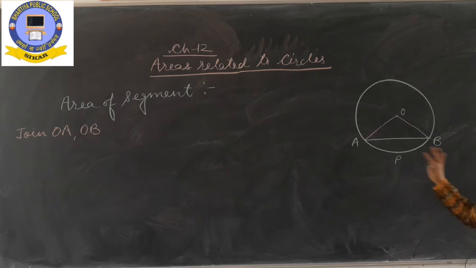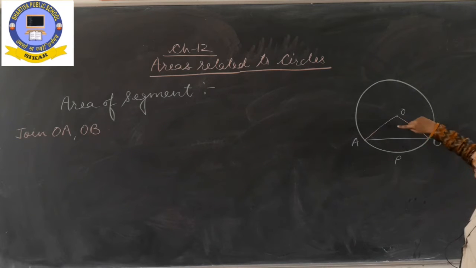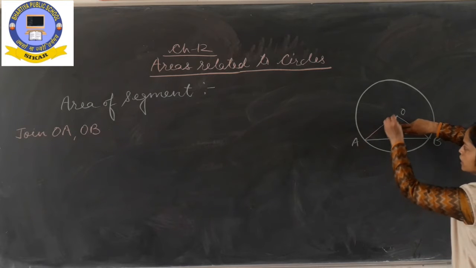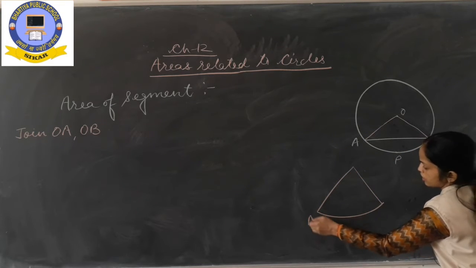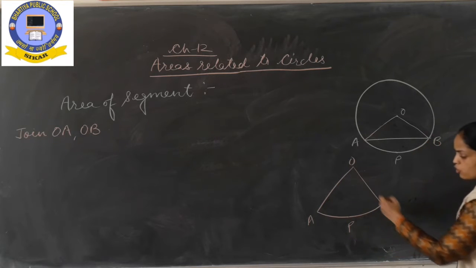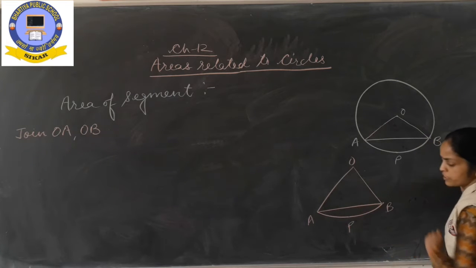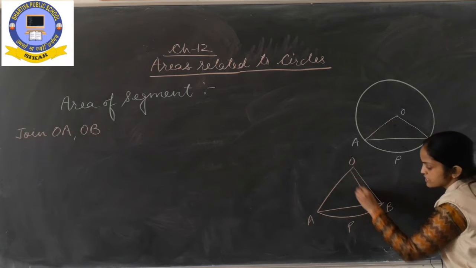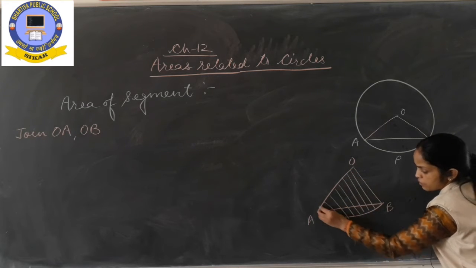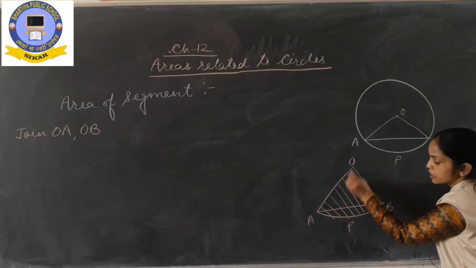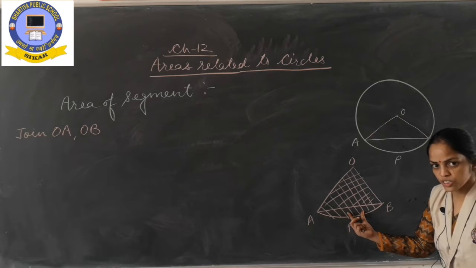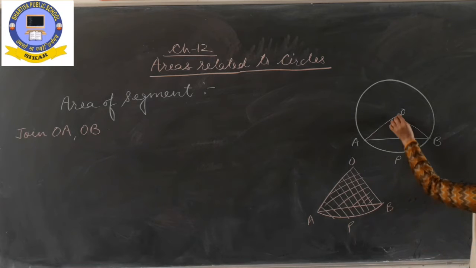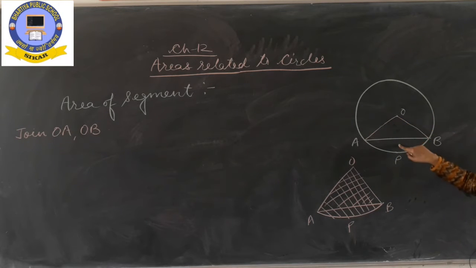Now have a look at this diagram. It is clear from this diagram that if we deduct the area of triangle AOB from the area of sector AOBP, then what will remain? The area of this single shaded portion, which is the APB segment, right? If from the whole sector OAPB we deduct the area of triangle OAB, then obviously we will get the area of segment.